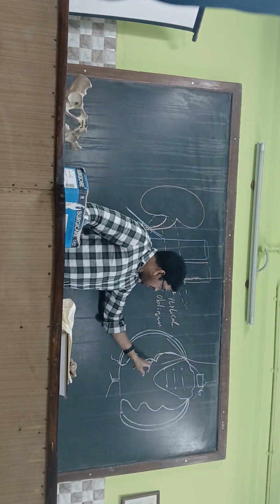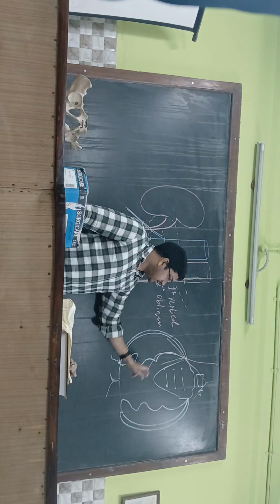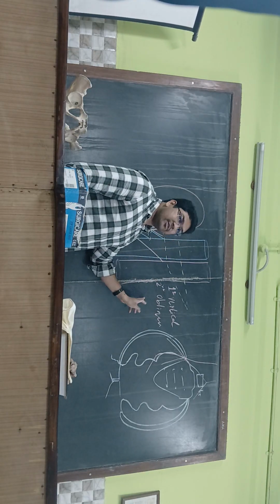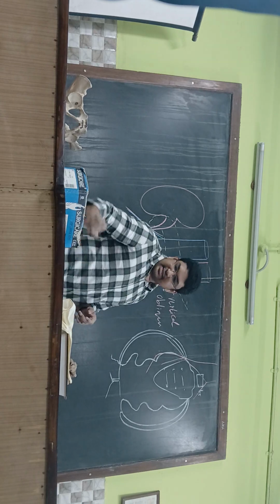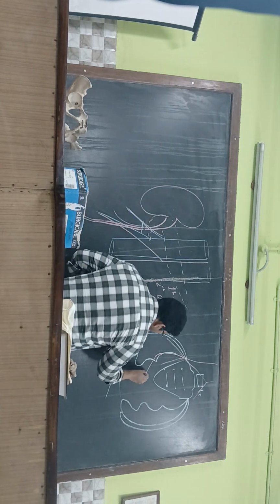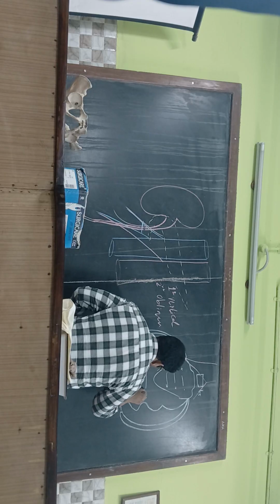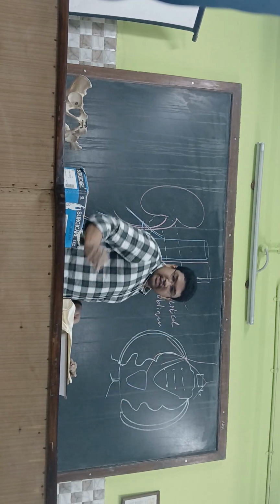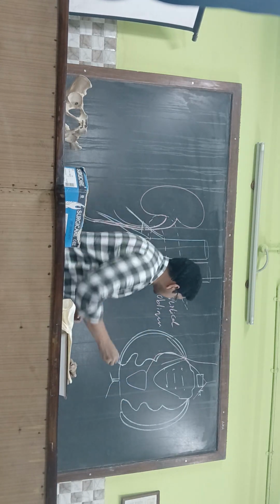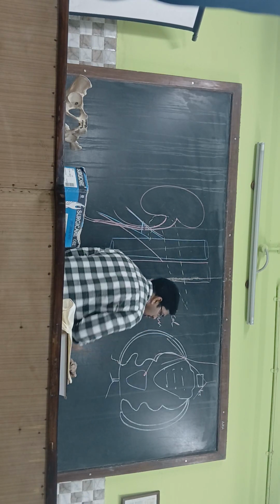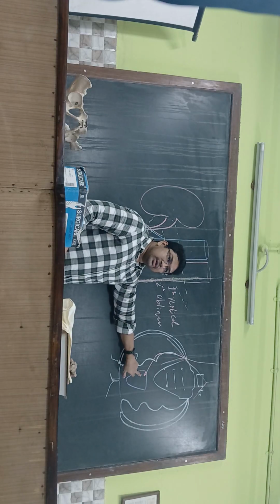So this is the oblique part, the second part of the pelvic part of the ureter. The third part is the intravesical part. For example, this is the urinary bladder over here. The ureter enters through the wall of the urinary bladder and opens by means of ureteric orifices within the urinary bladder.